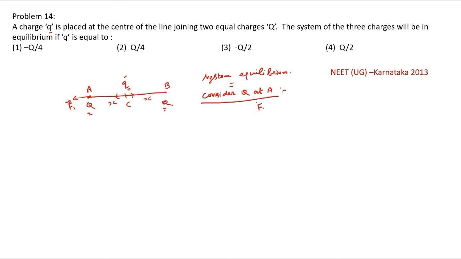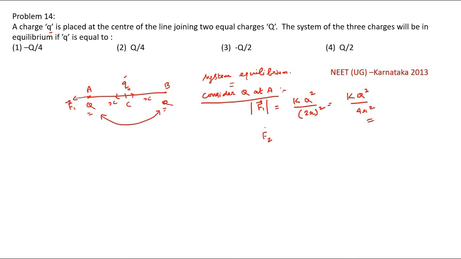So F1 is equal to K Q squared by the distance between them, 2x, and its square is required. So K Q squared by 4x squared. This is the magnitude, and this is along BA, that you should know.